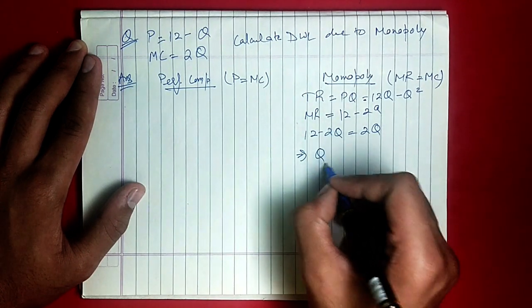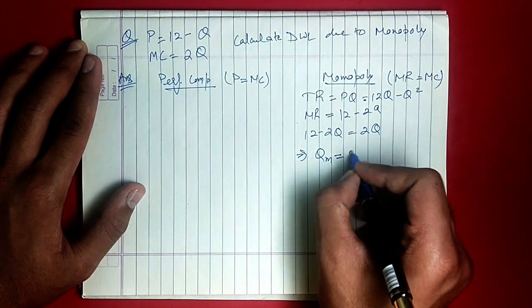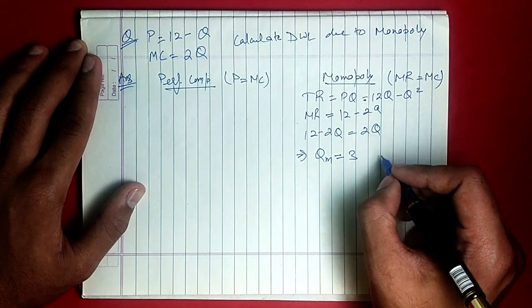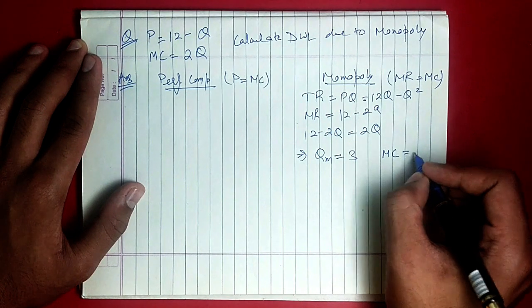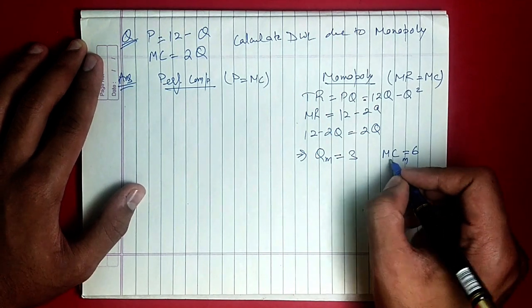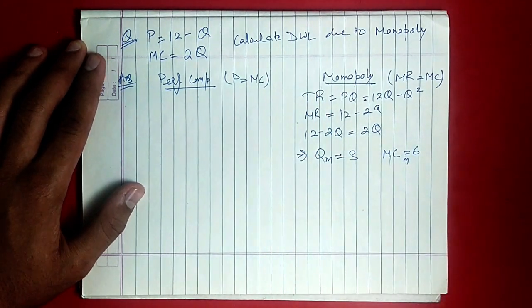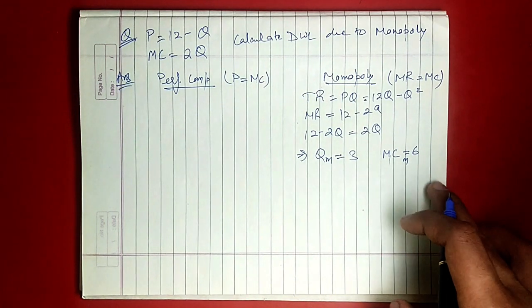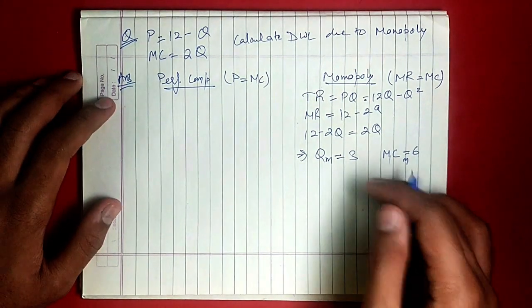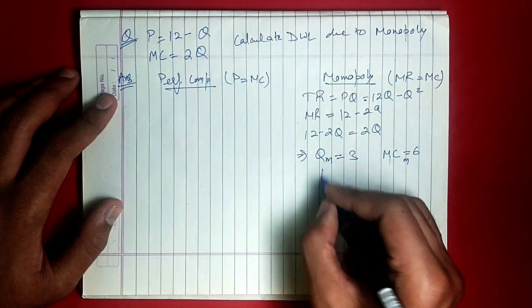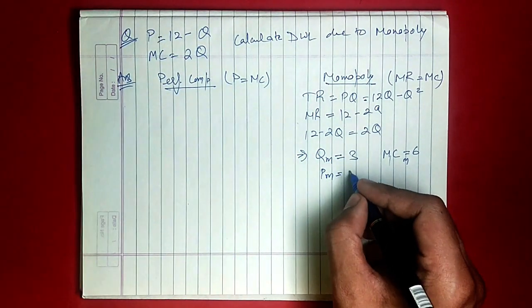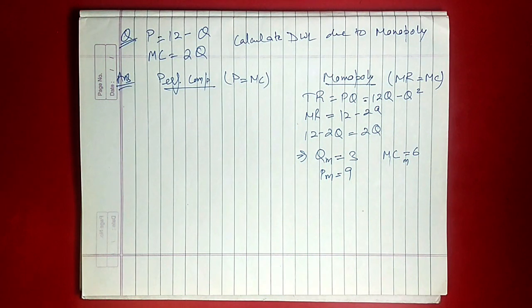This implies QM is equal to 3, and MC at 3 is equal to 6. This we call MCM, the marginal cost at the monopoly output level. And if you put QM in the price function, you will get PM equal to 9.